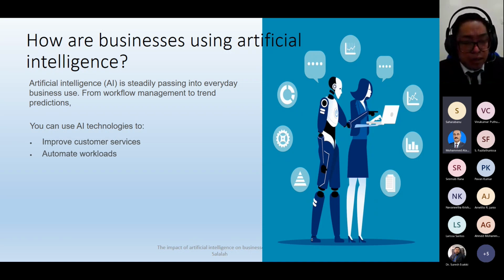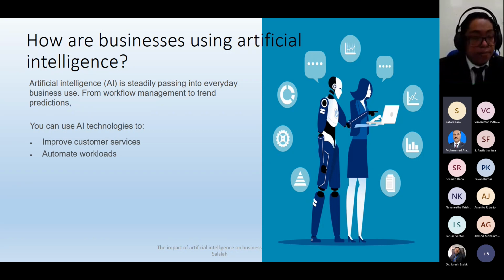Automating workloads. For example, if we are collecting and analyzing data from smart sensors, these smart sensors are basically part of IoT, or the Internet of Things, that also uses machine learning. Complex machine learning and deep learning algorithms will categorize work automatically and even route service requests.